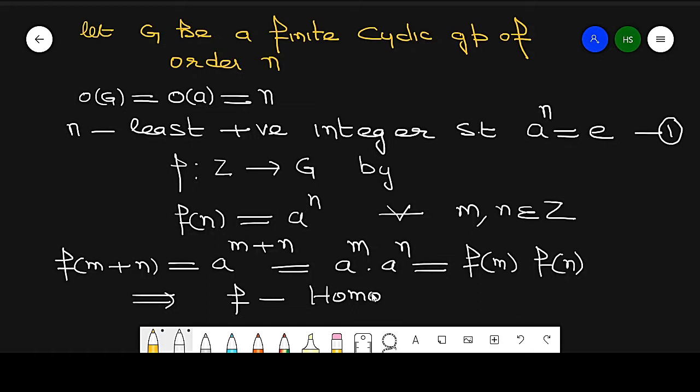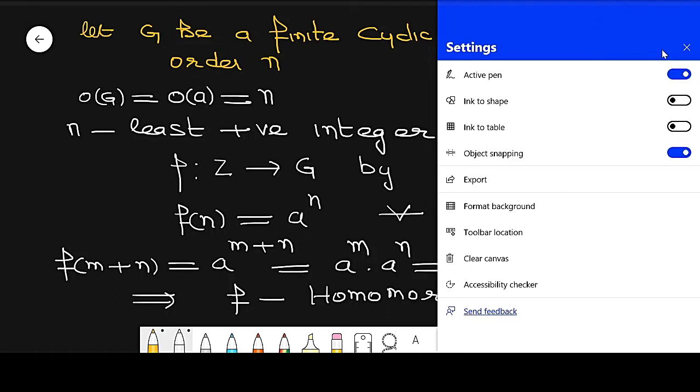If f is a homomorphism, the next step is to prove that it is onto. To prove it is onto, I take an element from the right hand side.